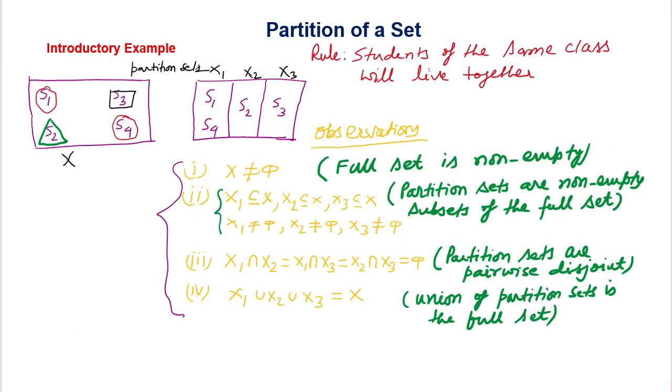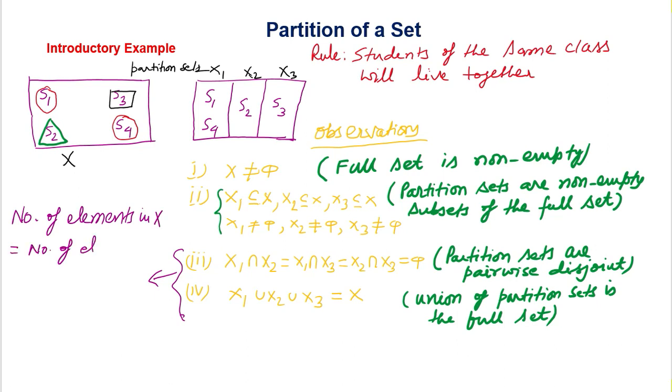From these two, we can derive a corollary that number of elements in X is equal to number of elements in X1 plus number of elements in X2 plus number of elements in X3.